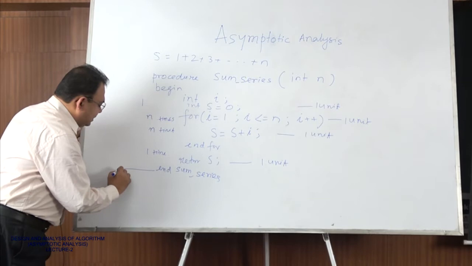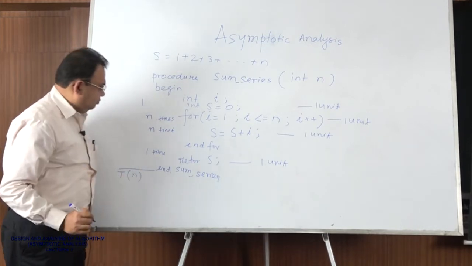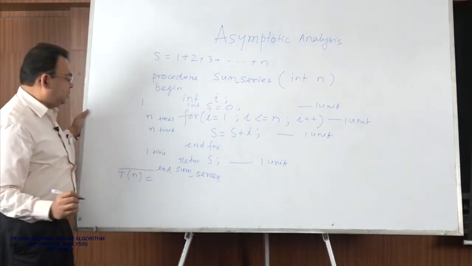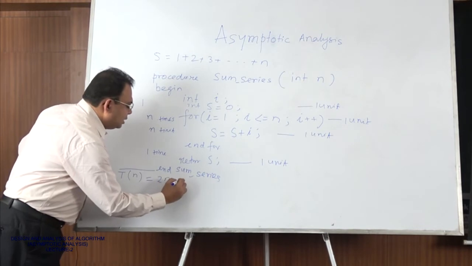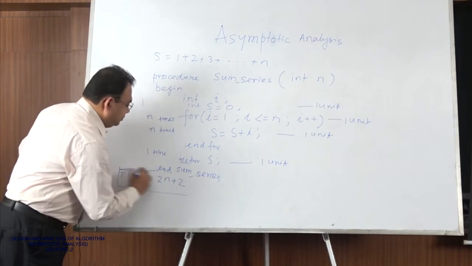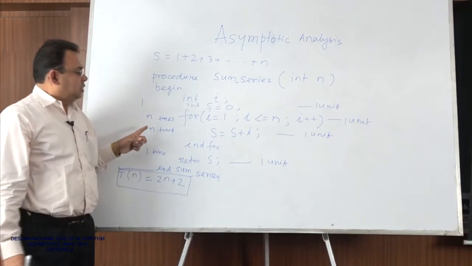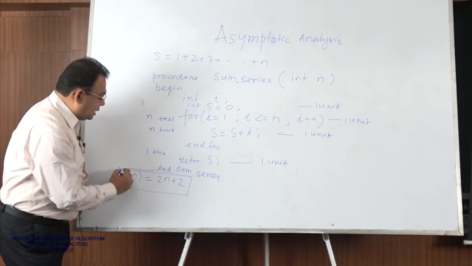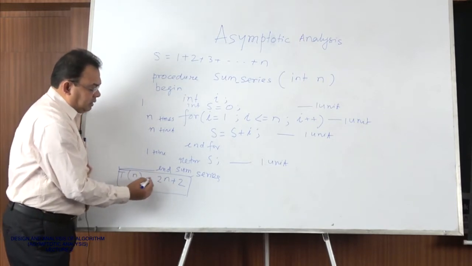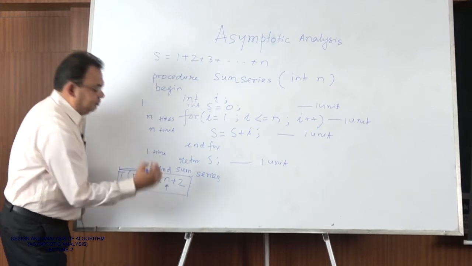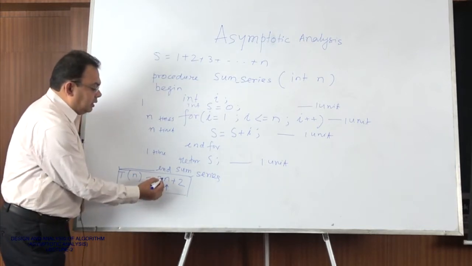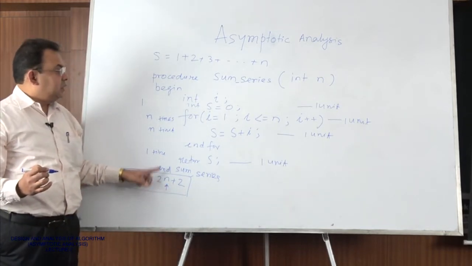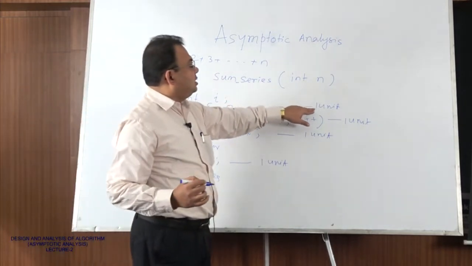If I say that T(n) is the total time consumed by this algorithm, then T(n) is roughly 2n plus 2. In this case it is very clear that the total time depends on the value of n, and the constant does not matter, because our assumption is that there is no absolute value of this unit.